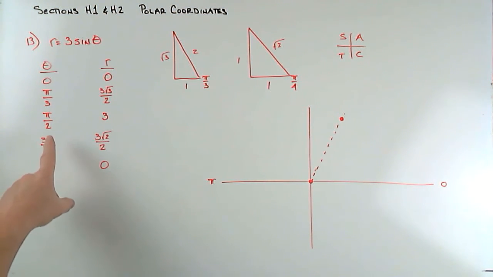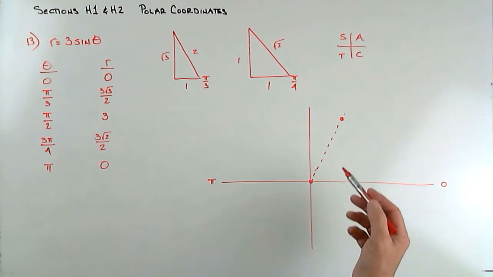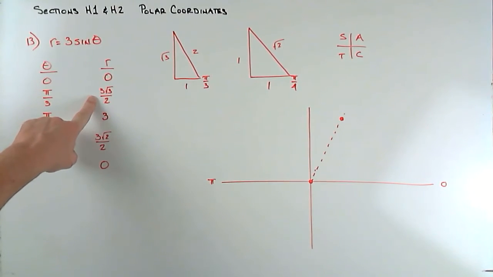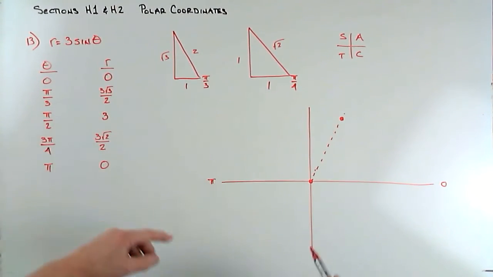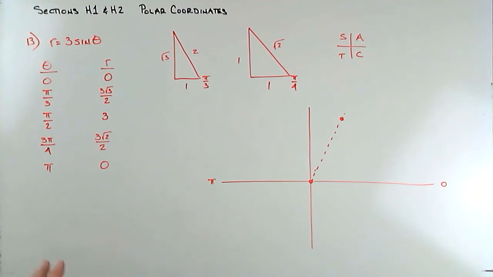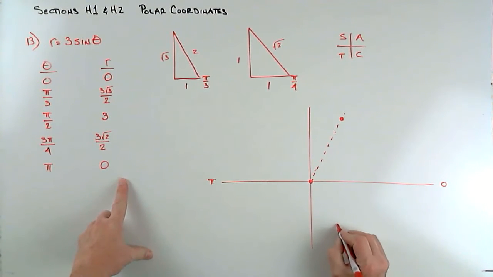At pi over 2, we're going to be 3. That's going to be our distance. So is 3 bigger than or smaller than 3 root 3 over 2? Do I make it longer? Do I make it shorter? If you're not sure and you don't remember, you can take your 3 root 3 over 2 and your 3, and square both of them.